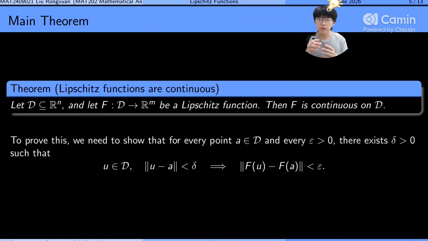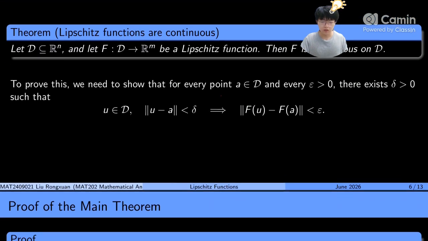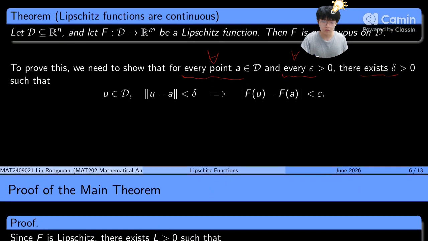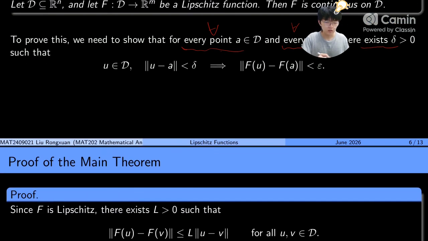To prove this, we need to show the definition of continuity. This means for every point a and for every epsilon greater than 0, there is a delta.